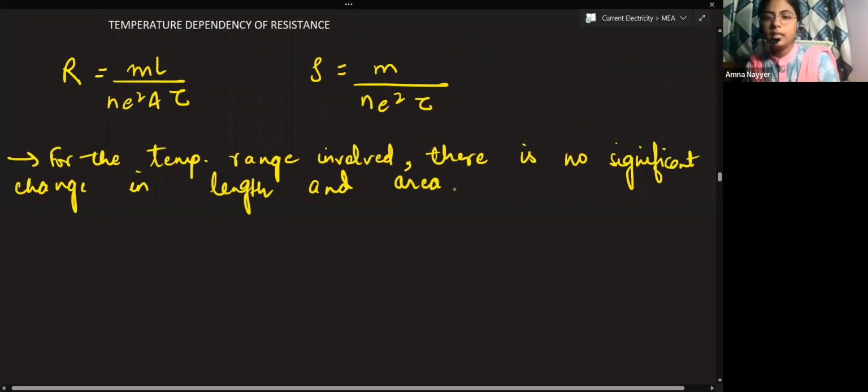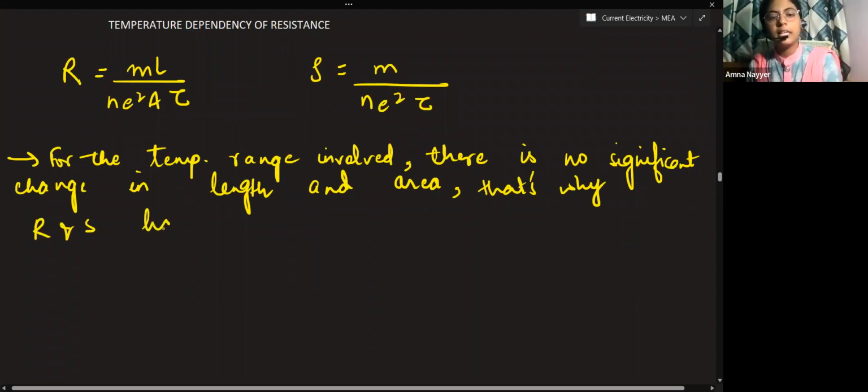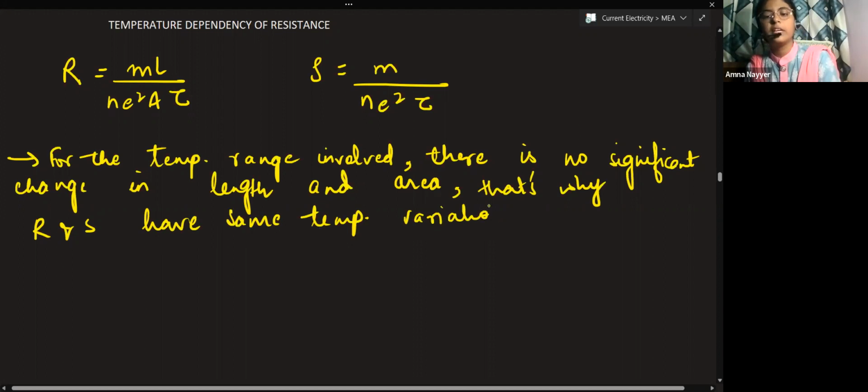That's why resistance and resistivity have the same temperature variation. So this was a short note that you should remember when we deal with different substances.